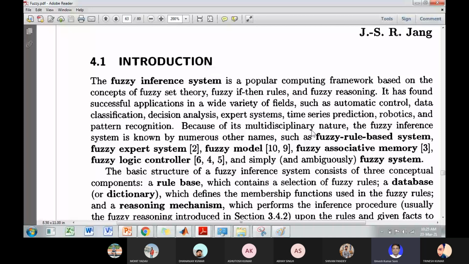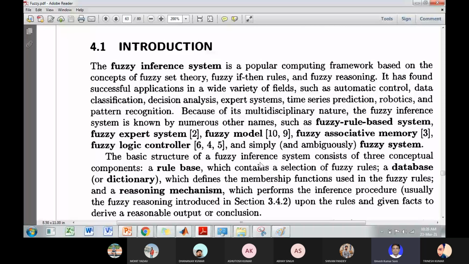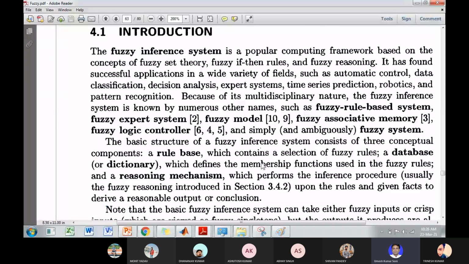It is also called a fuzzy rule based system, fuzzy expert system, fuzzy model, fuzzy associative memory, fuzzy logic controller, and fuzzy systems.